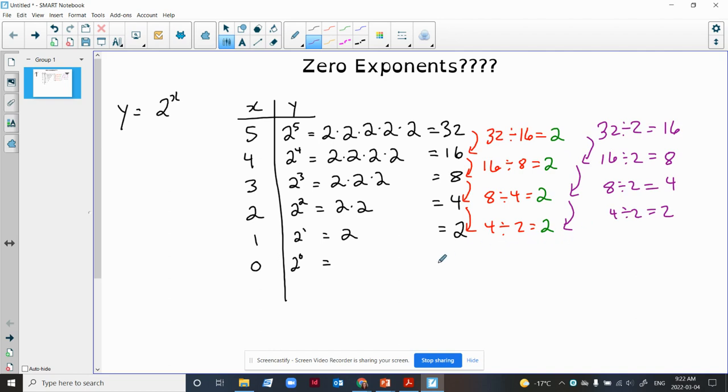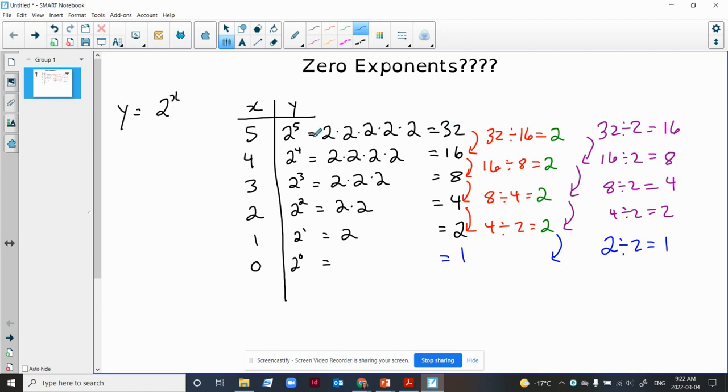So if we want to figure out what our next number is, 2 divided by 2 equals 1. So our next number has to equal 1 because we're following that same pattern, where we have a common constant ratio of 2.